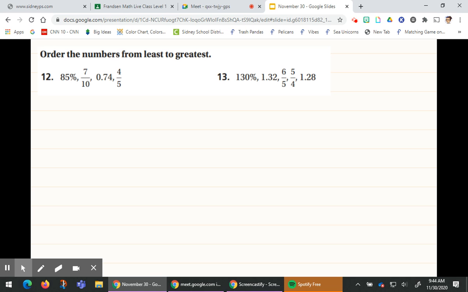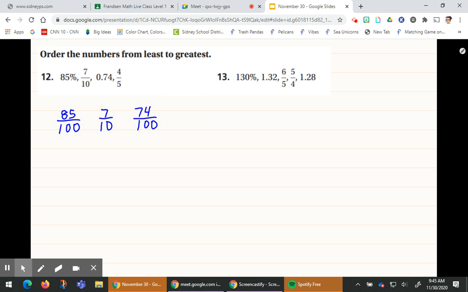So I like to go ahead and show you if we change them all to fractions, right? 85% as a fraction, 7/10 is a fraction, 74 hundredths is a fraction, and 4/5 is a fraction, okay? But I need to switch them to fractions that are all the same. So I'm gonna do the weird thing.